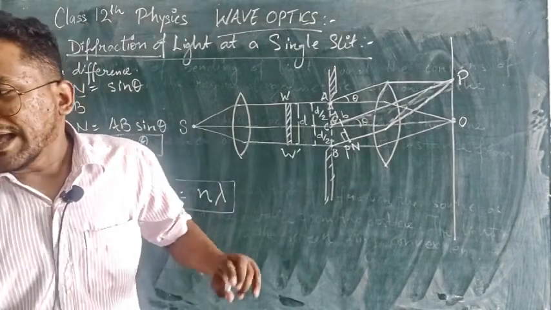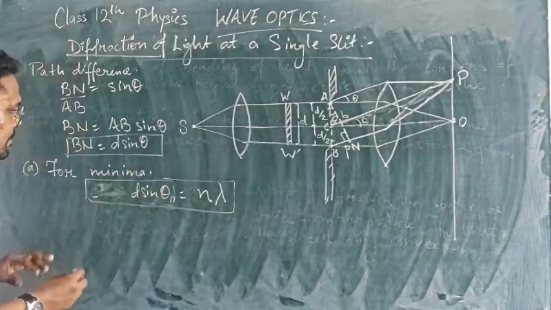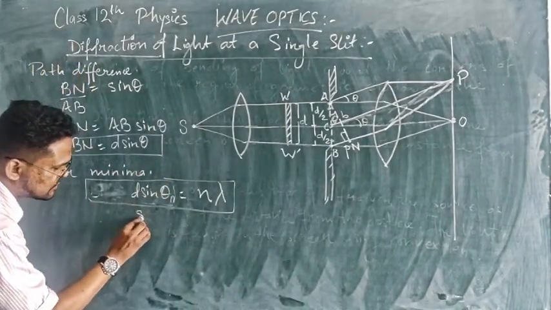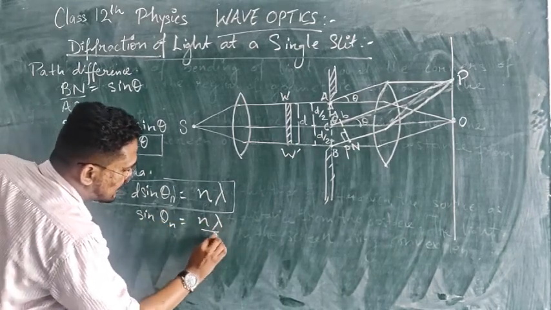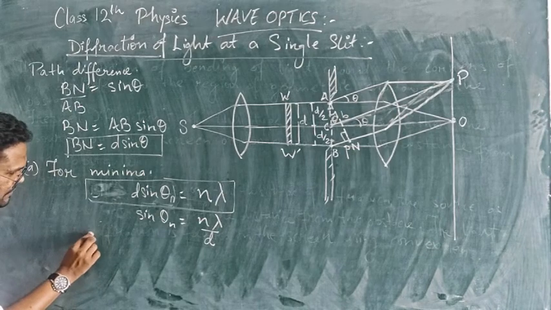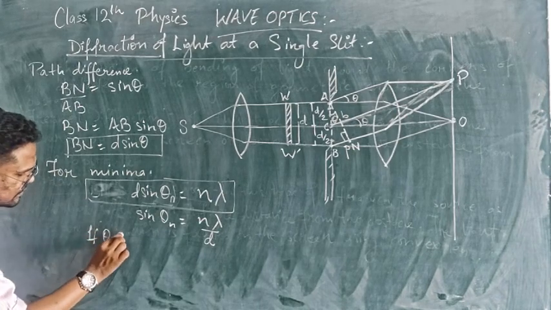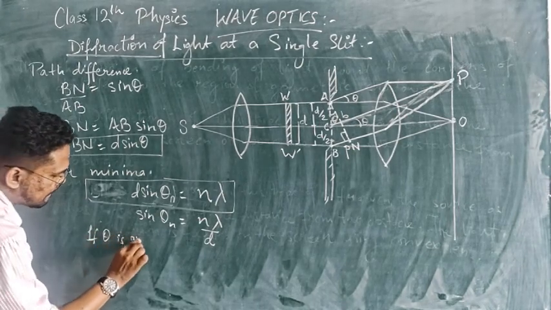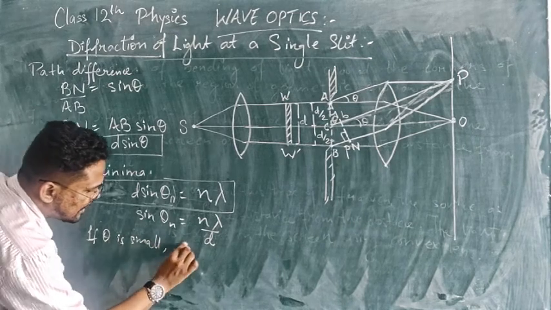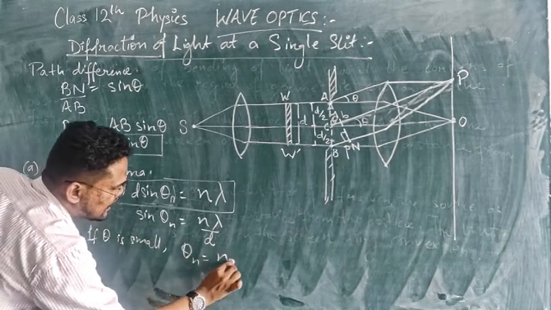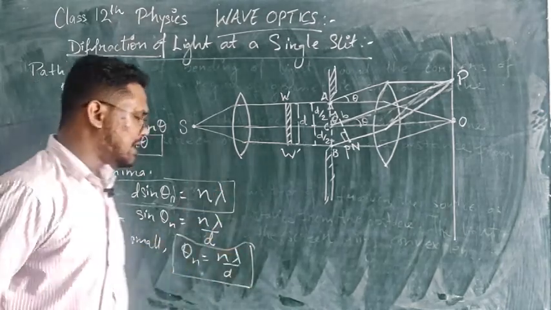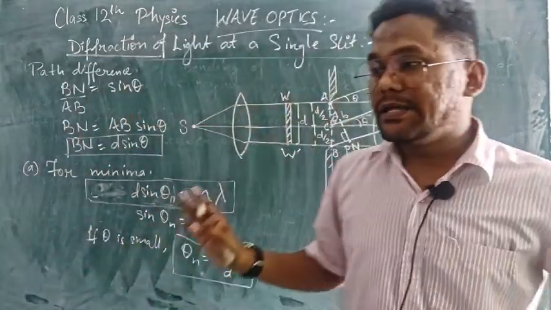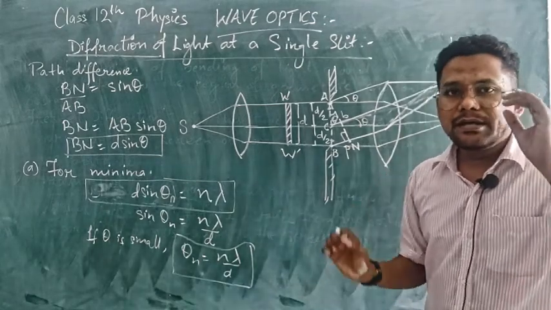Okay, let me first change it to sine theta n is equal to n lambda by d, and if the angle theta is very small, then theta n equals n lambda by d.